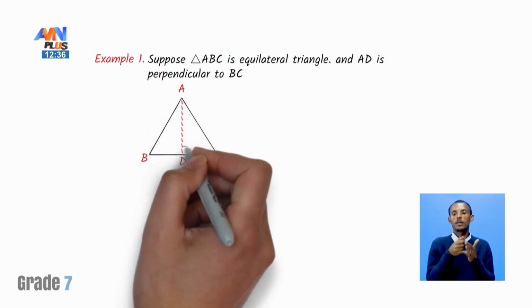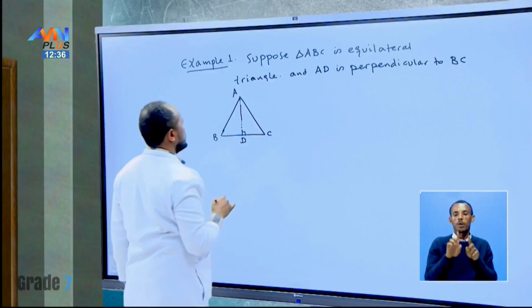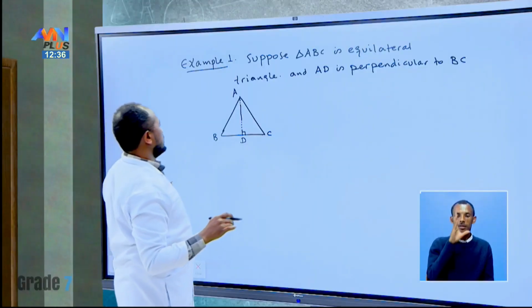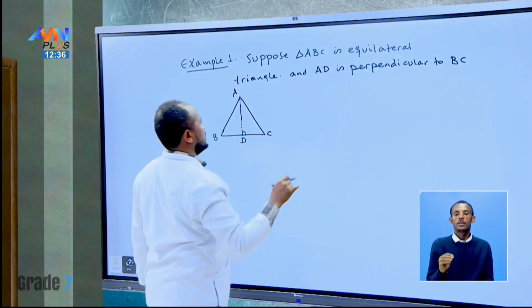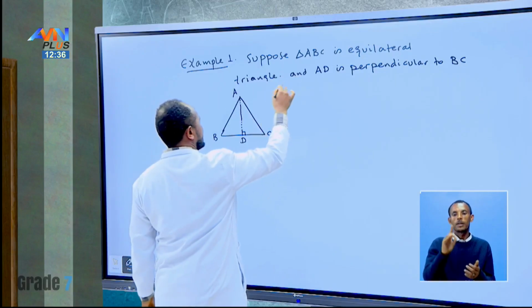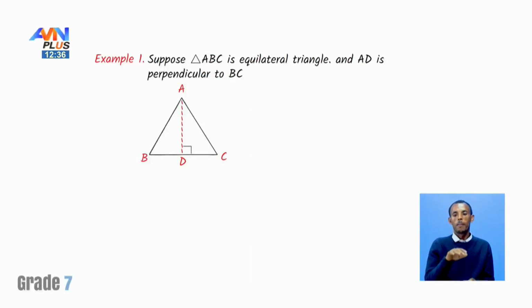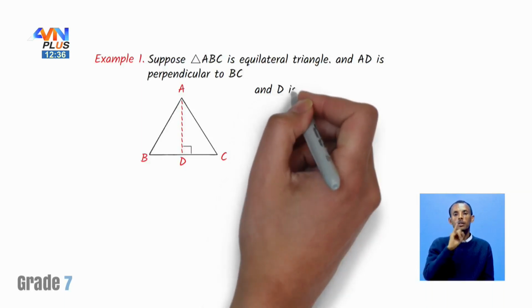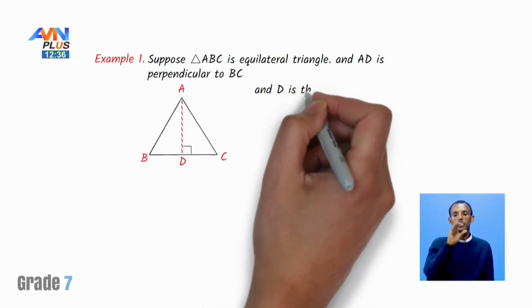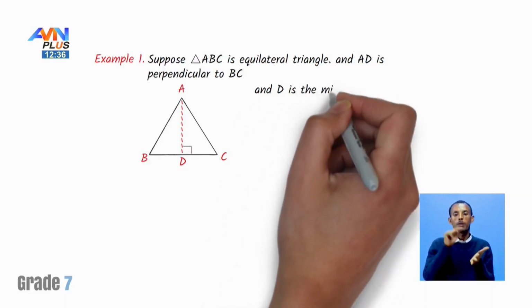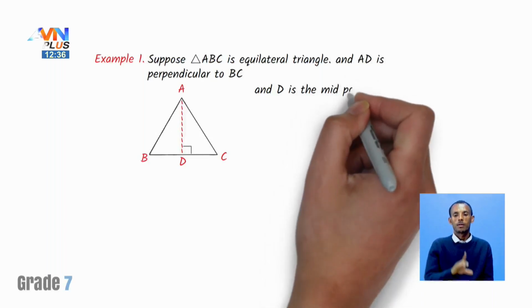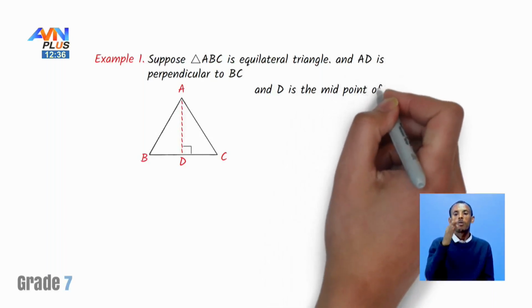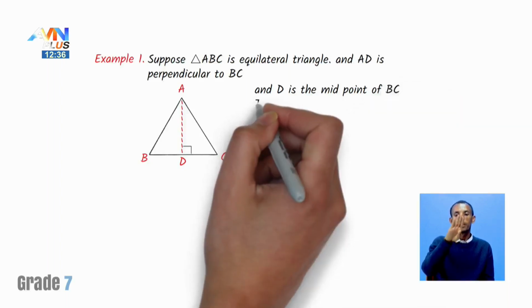This AD is perpendicular to BC, and D is the midpoint of BC.